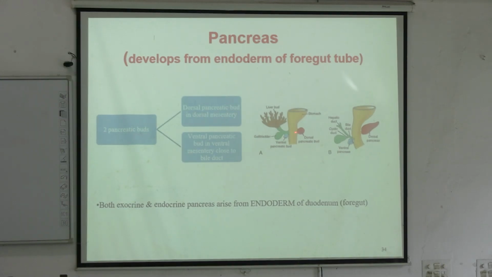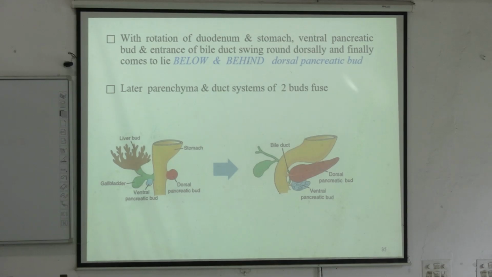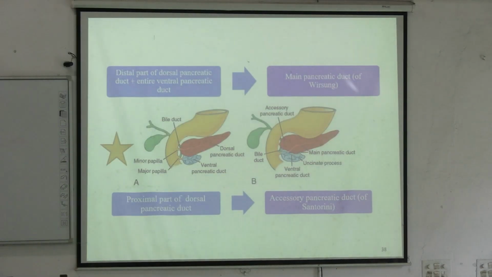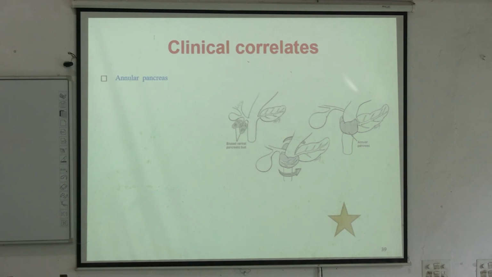The ventral one moves backwards and joins with the dorsal one, becoming one pancreatic bud. Now, by any chance, if the ventral pancreatic bud becomes two instead of one, we have a clinical problem. Whenever the pancreas moves on the back side, it wraps around the developing duodenum and encircles it.